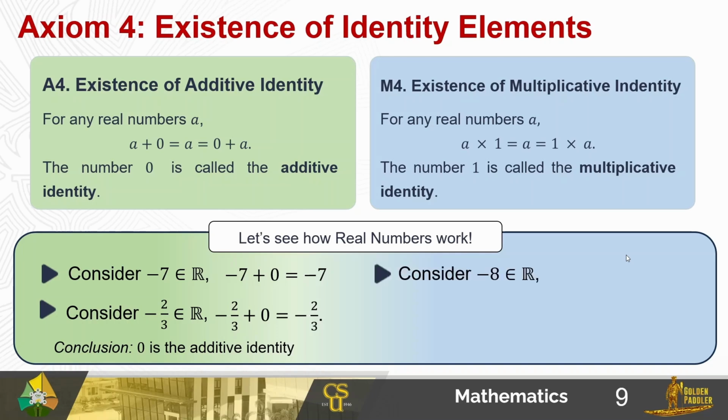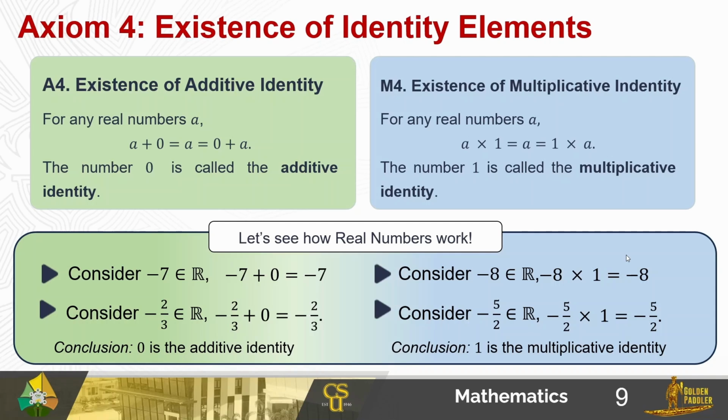And if we have negative 8, negative 8 times 1 is again equal to negative 8. And negative 5 halves times 1 is again equal to negative 5 halves. So again, whatever number you multiply by 1, the answer is always that same number. So it means 1 is a multiplicative identity.